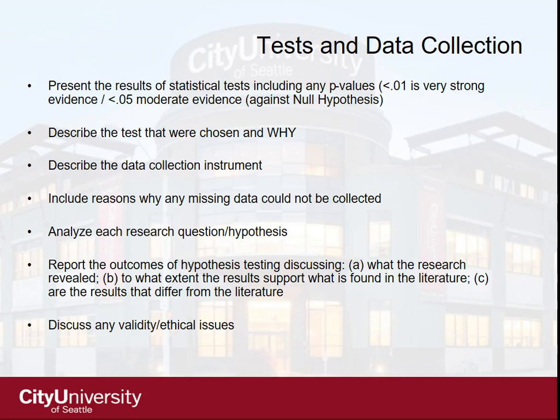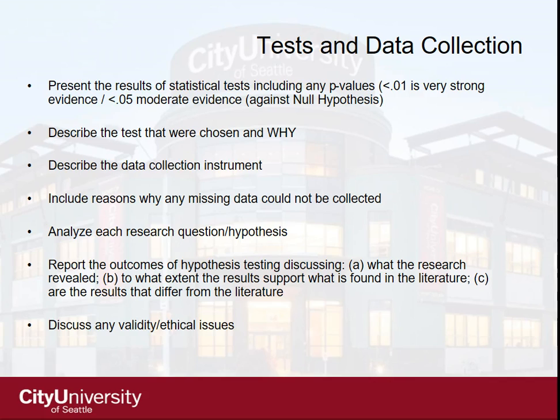Now, how you actually talk about the evidence, the results of your quantitative analysis, is important. You want to present the results of statistical tests, including any p-values. And that p-value, if you remember statistics, is to show statistical significance. Depending upon what the p-value was, you can either reject or accept the null hypothesis.